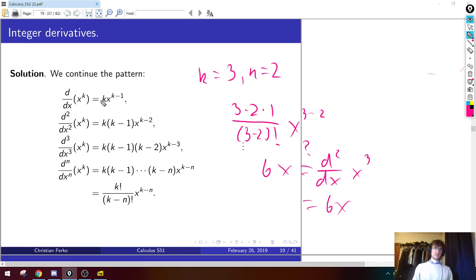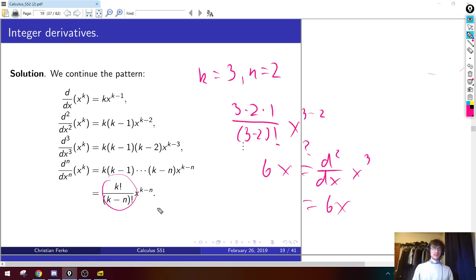This is k to k minus 1. So there should be... how many factors should there be? Wait, I totally just confused myself. So wait, is this right, or is the thing that we said before right? Now I'm confused.